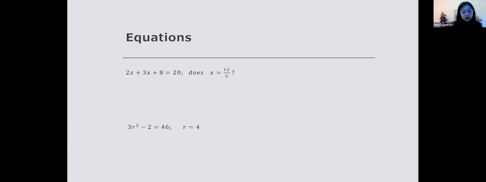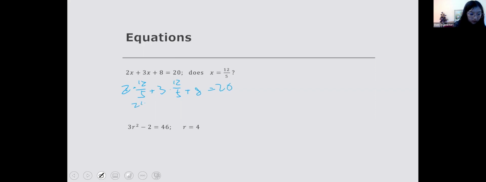So when x is equal to 12 over 5, does 2x plus 3x plus 8 equal 20? Let us just plug 12 over 5 into x. So this will be 2 times 12 over 5 plus 3 times 12 over 5 plus 8 equals 20.